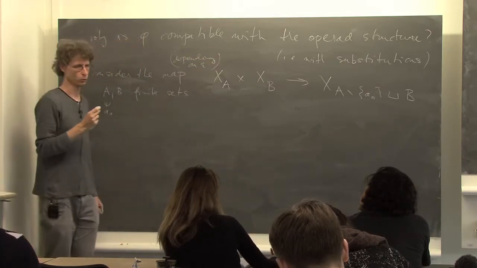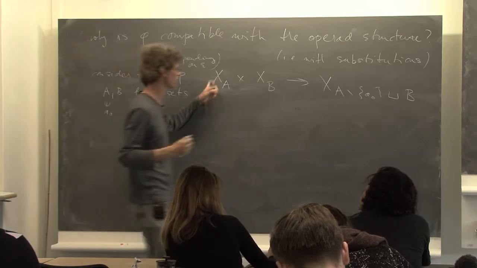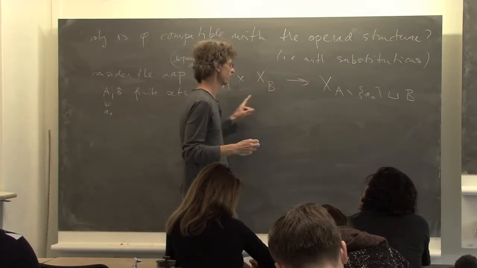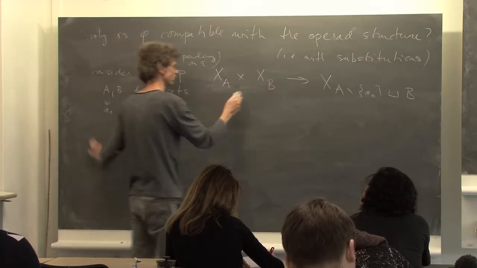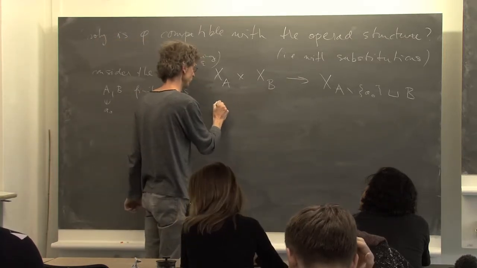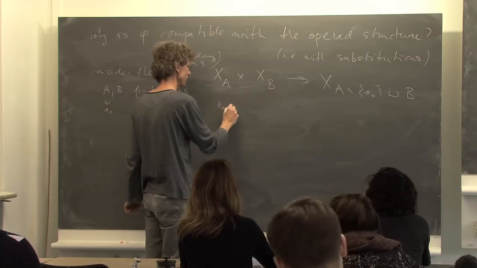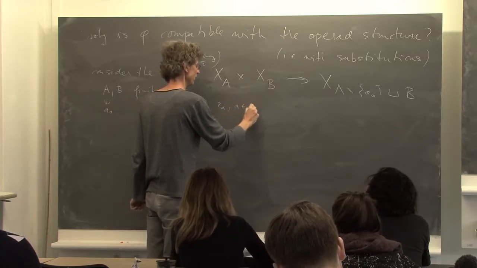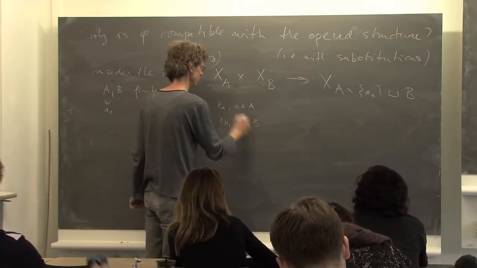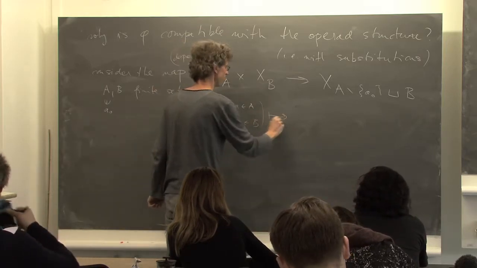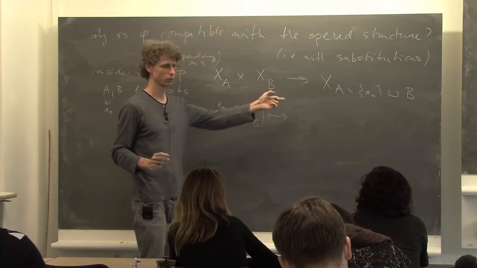Everything depends on epsilon. You want to take the limit, epsilon goes to 0 in the end. The map is obtained by this: when you have a configuration of all those Z_a, a in A, and Z_b, b in B, what is the resulting configuration here?